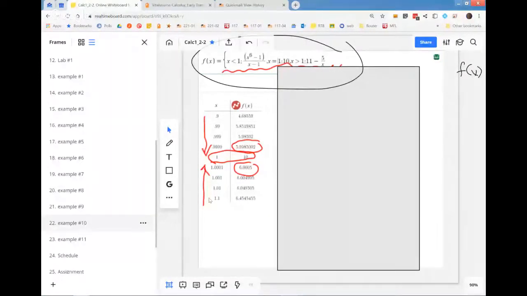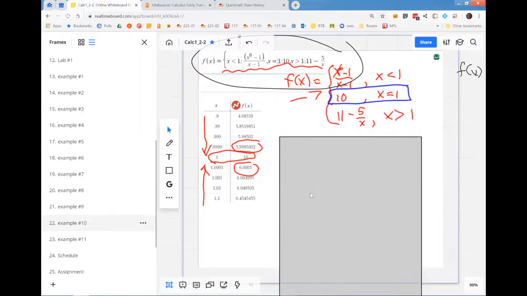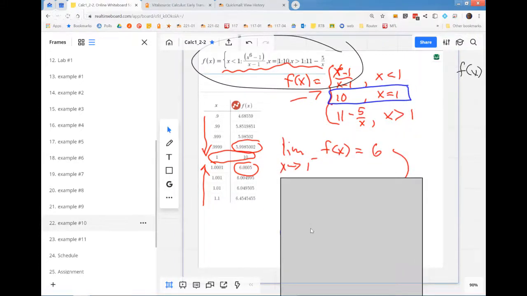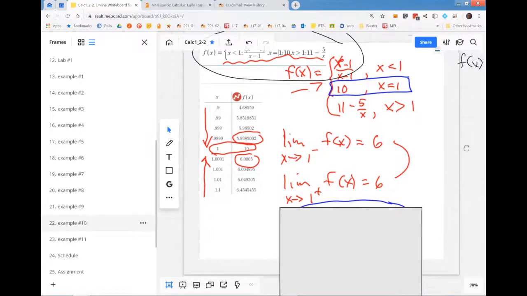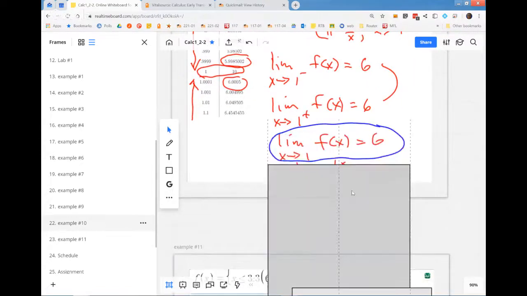As x is getting closer to 1 from the right side, it also seems to be getting down closer and closer to 6. So it looks like the left-hand limit is 6, the right-hand limit is 6. Left-hand limit, 6. Right-hand limit, 6. What does that tell you about the overall limit? 6. Now, there's one surprise left here.